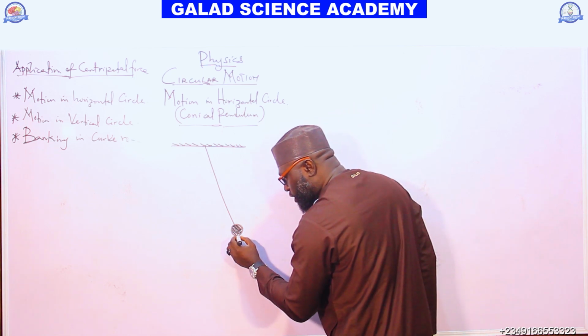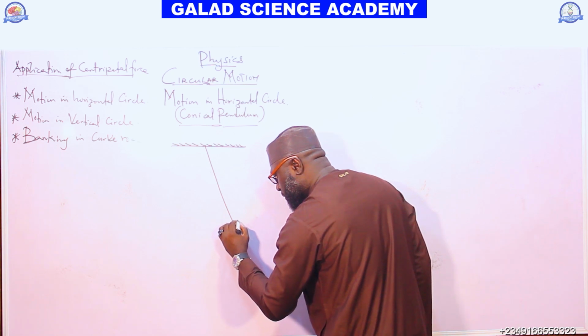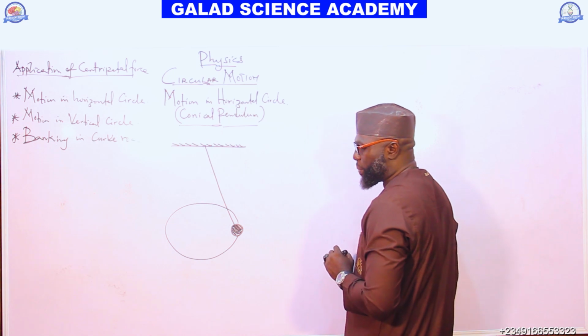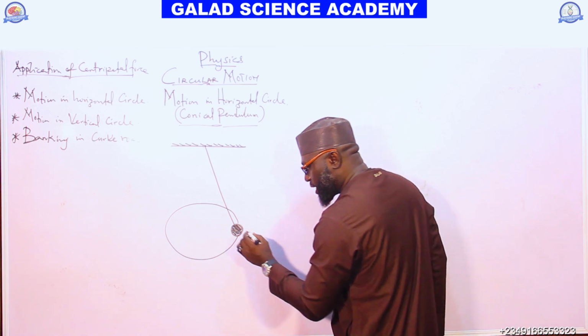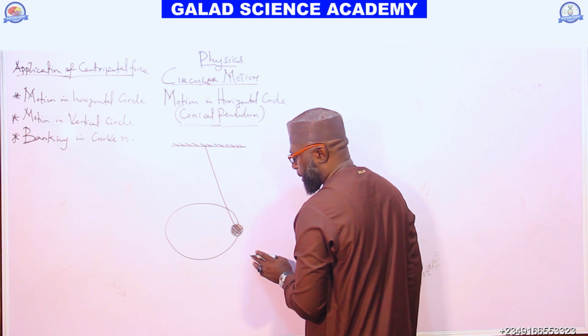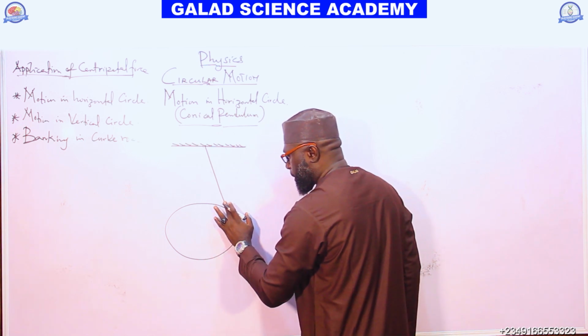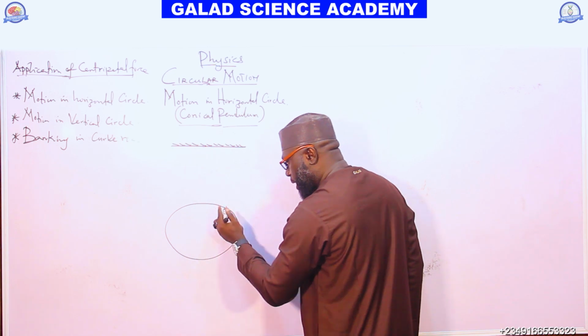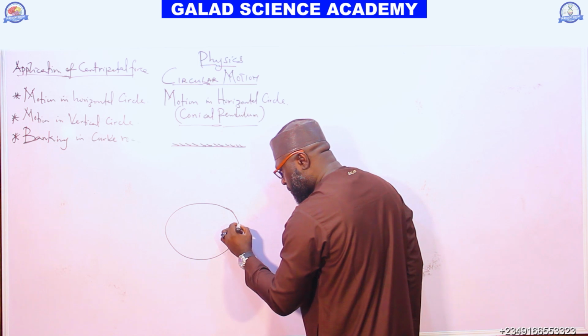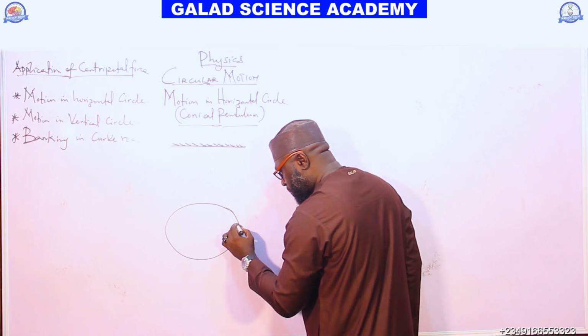If this bob is rotating along a circular path like this, the bob is moving along this path.